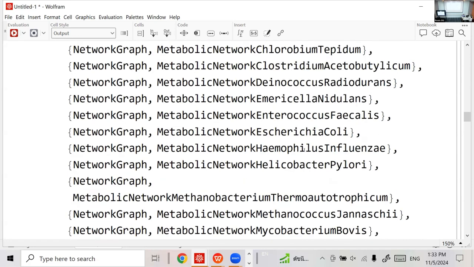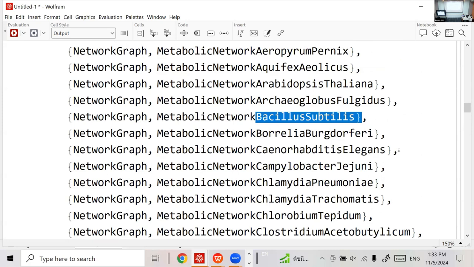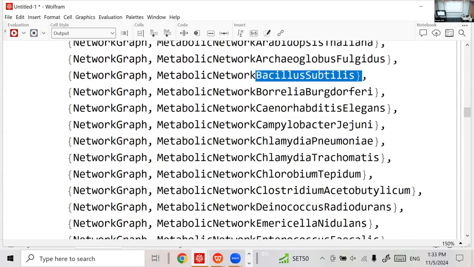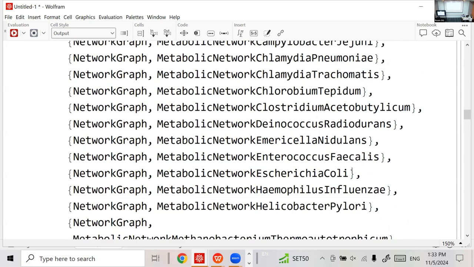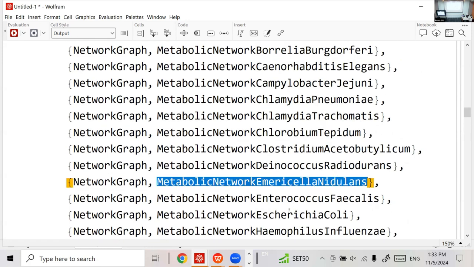So these are examples. You can take one randomly. I want you to take a minute, glance down this and see which one you would like to work with. So let's say for some reason I'm interested in some kind of bacteria.